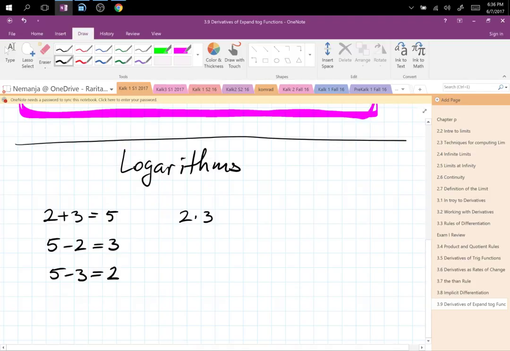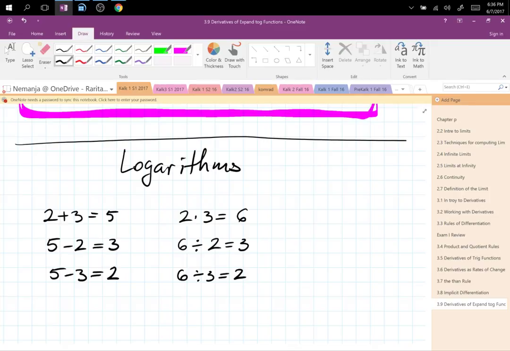What's 2 times 3? 6 divided by 2 is, and 6 divided by 3 is. So now you see that you can again get 3 and 2 back from this calculation. Now, multiplication was the higher order operation than addition.